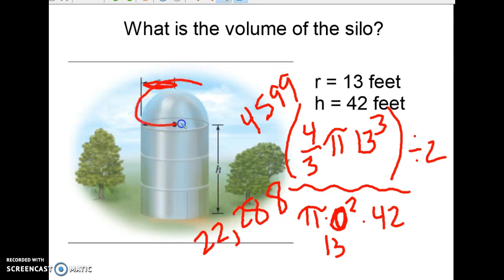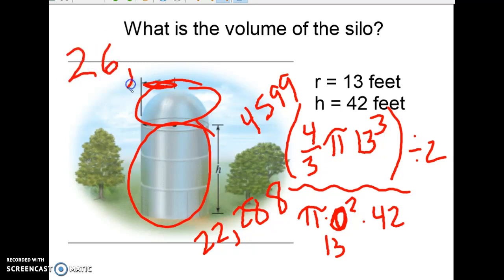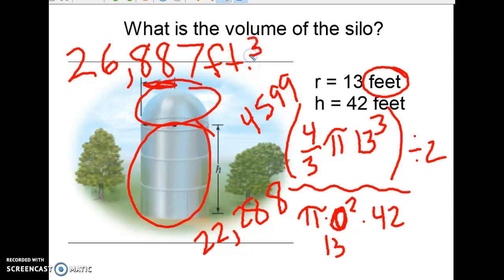Now I found the volume of this, and I found the volume of this, so the last thing I have to do is add the two together. When I add the two together, I have a grand final answer of 26,886.72, and we're going to round it up to the nearest whole number, so that's actually going to be 87. And then my label, because I have feet and because it's 3-dimensional, is feet cubed.